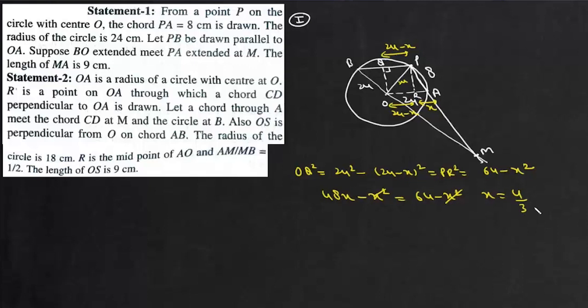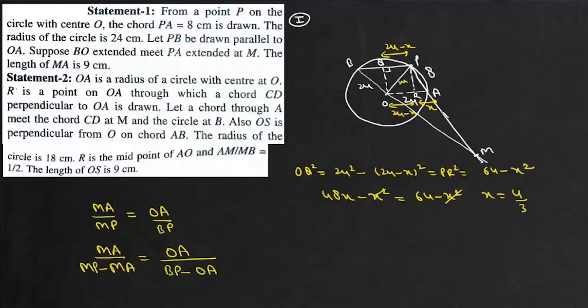Now in this triangle MPB, OA is parallel to PB. Then we can write MA upon MP will be equal to OA upon BP. Now we can also write this as MA upon MP minus MA, and it will be equal to OA upon BP minus OA.